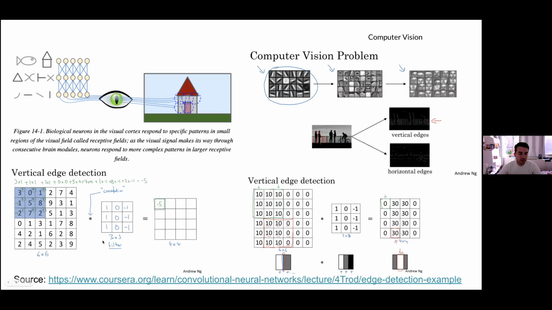The input size in this case is 6x6. The filters are usually odd numbers like 3x3 or 5x5 or 7x7. And the way we arrange the numbers in them determines what patterns we can detect. Let me annotate a little bit here.